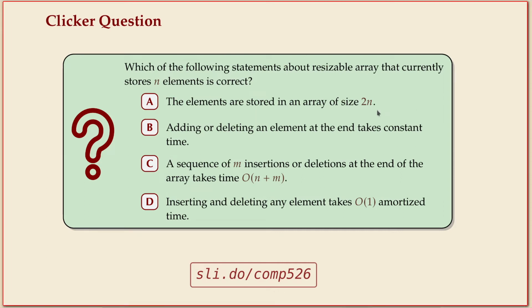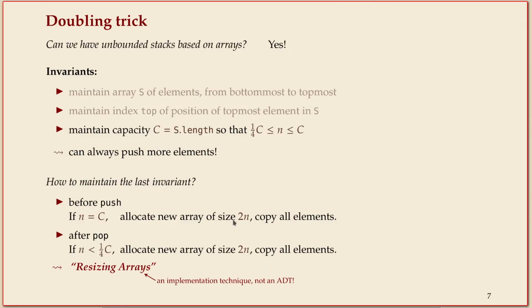The first one can't be really true because n is changing all the time. If I say exactly an array of size 2n, that would mean whenever I add a new element or remove an element, I have to change the size of the array. But that was not what we were doing. We said we only allocate a new array in these extreme cases when the capacity was completely used up or when it reached a quarter. Okay.